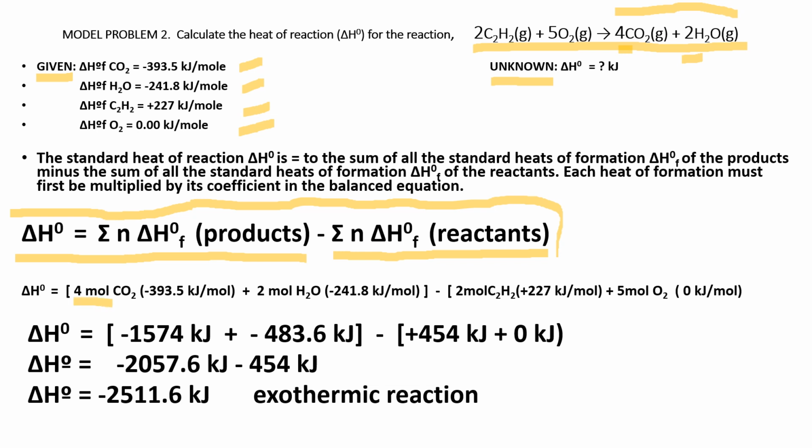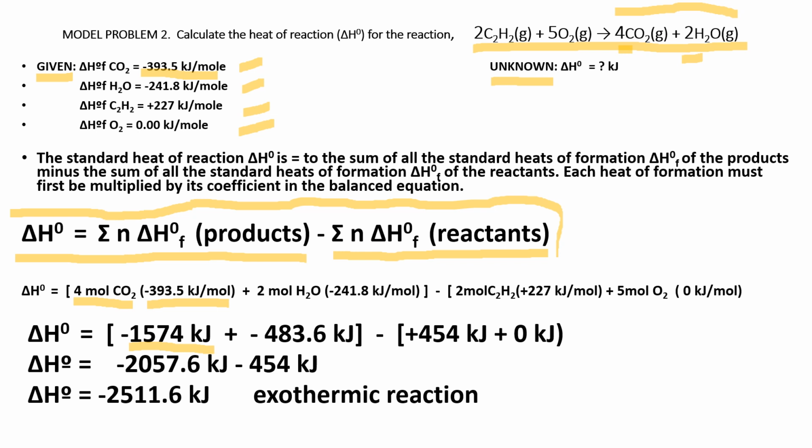4 moles of CO2 times the heat of formation of CO2, given here as negative 393.5, right? So, when you multiply that, 4 times negative 393.5 will give you negative 1,574 kilojoules.